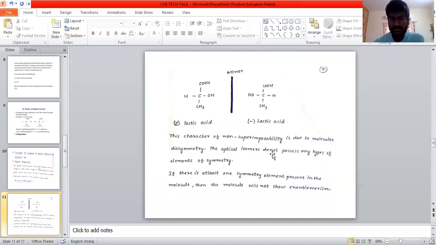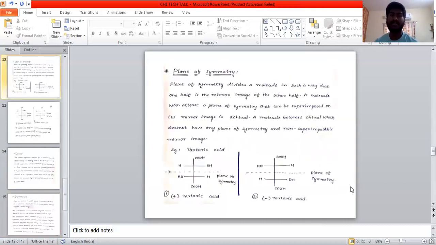The optical isomers do not possess any elements of symmetry. If at least one symmetry element is present in the molecule, then the molecule will not show enantiomerism. We will learn about enantiomerism later. Remember that the non-superimposability is due to molecular dissymmetry.